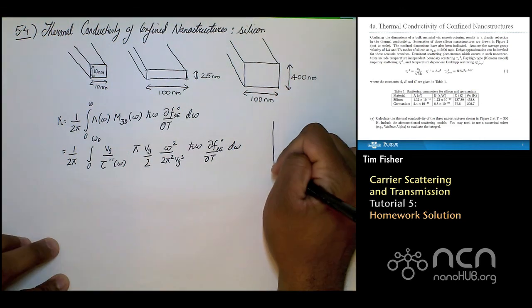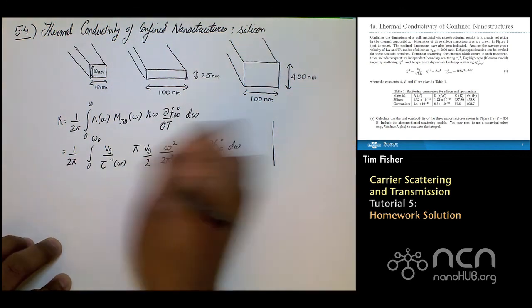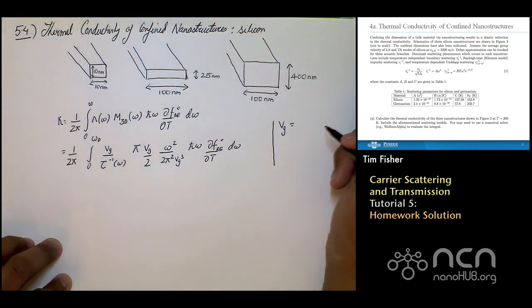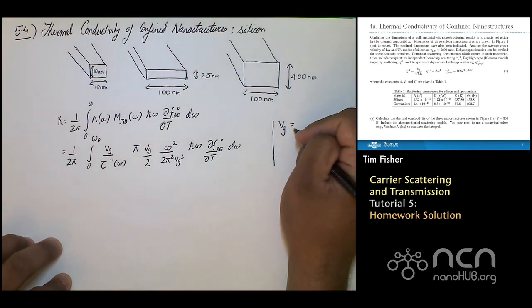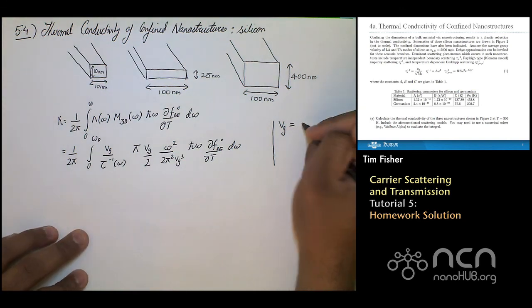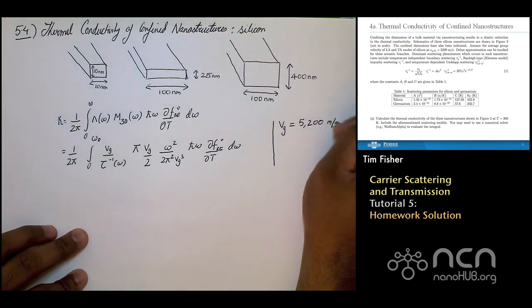In this expression, we note there are constants for which we need to know the value to calculate the integral. The first is Vg, which is the group velocity. In this problem, we will average the group velocity of silicon over the longitudinal and the transverse acoustic modes. Upon averaging, the value of the group velocity comes out to be 5200 meters per second.